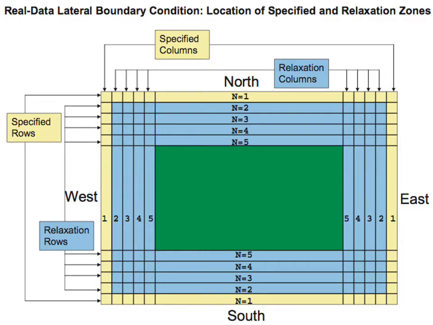What the boundary conditions look like is very similar to what happens inside of a nested run within the WRF model. In the region depicted as yellow, there is a single specified row and column that comes entirely from large-scale data.